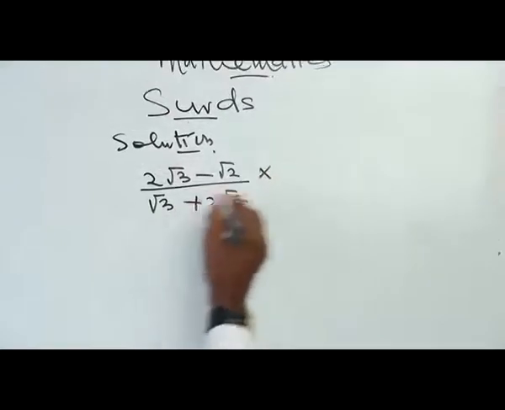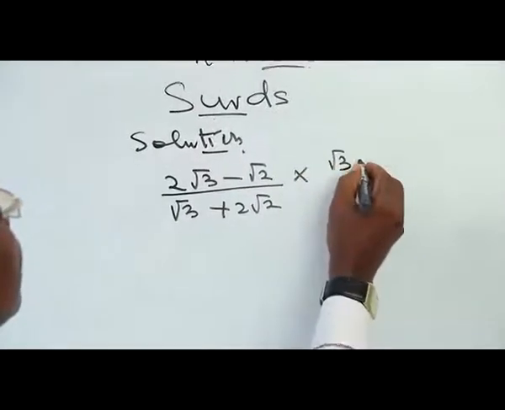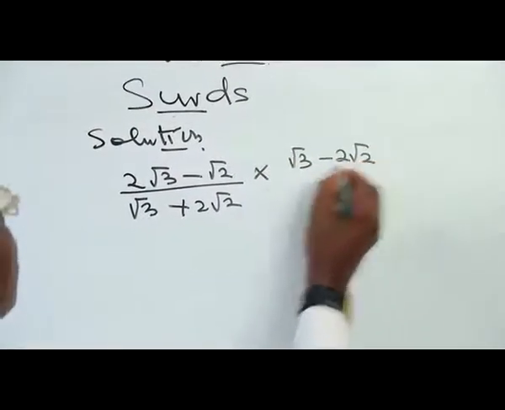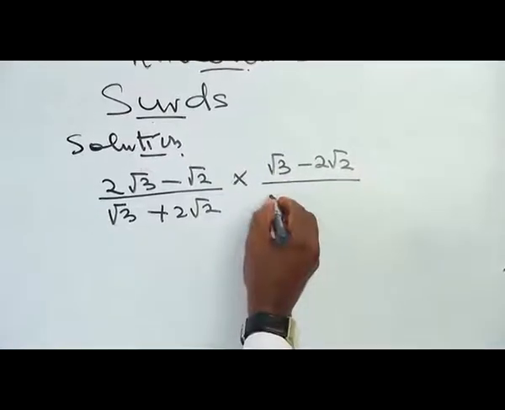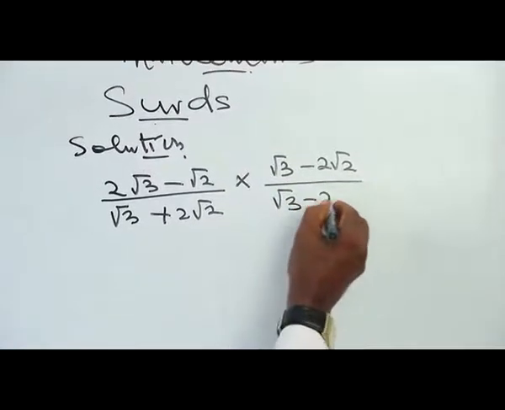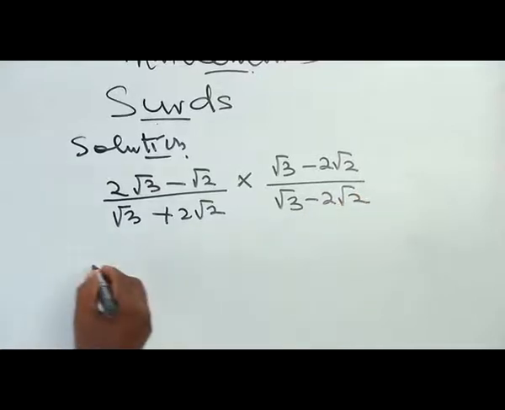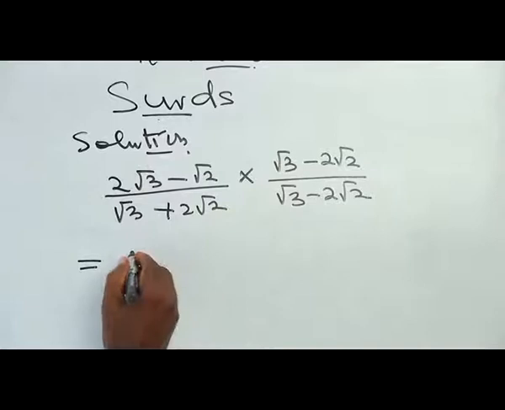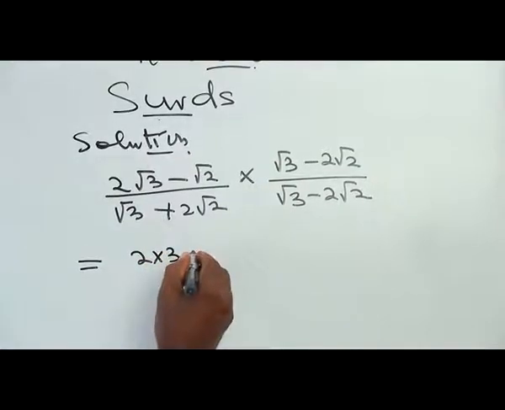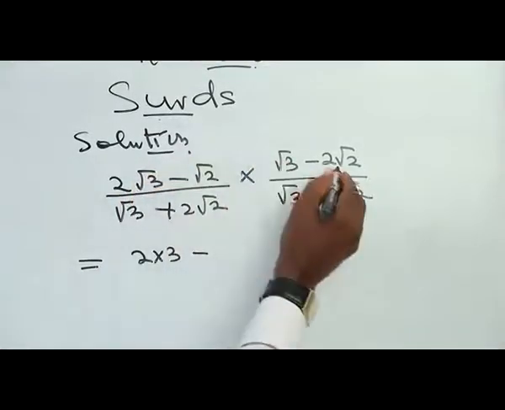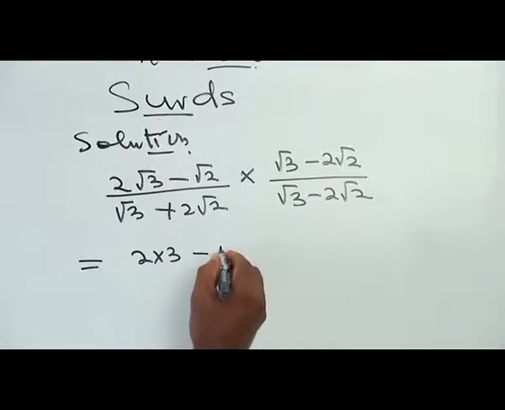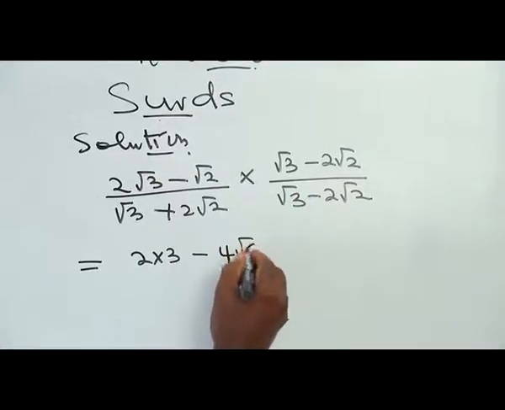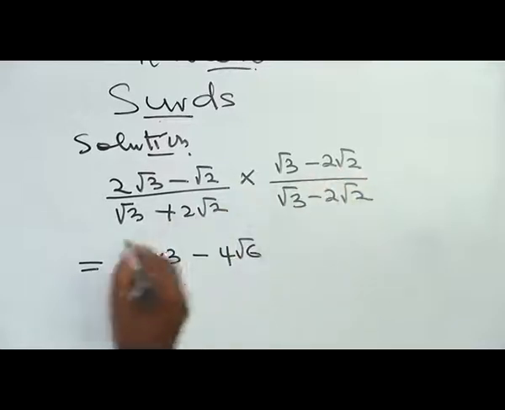You multiply it by root 3 minus 2 root 2 all over the same root 3 minus 2 root 2. In other words, you multiply this by this, that will give you 2 times 3 minus, take this to multiply this again, that is 4 root 6, because 3 times 2 is 6 under root.